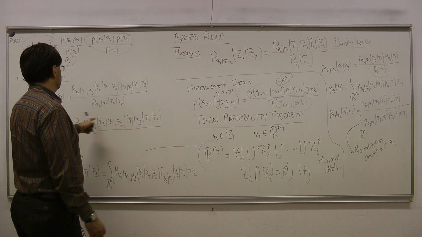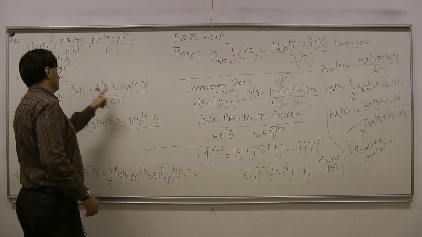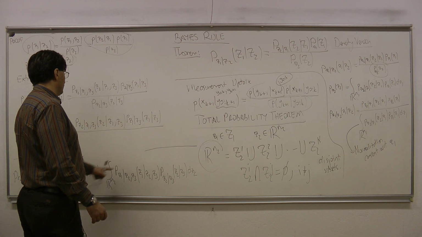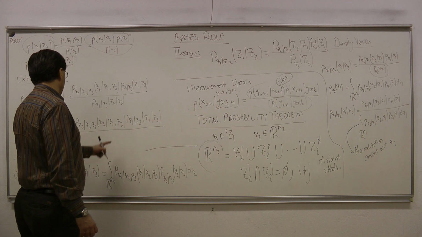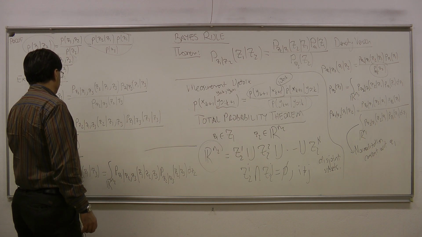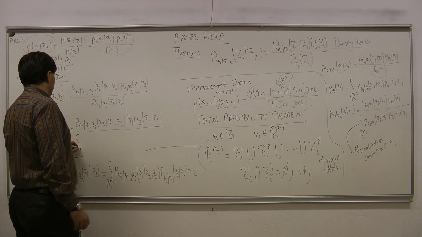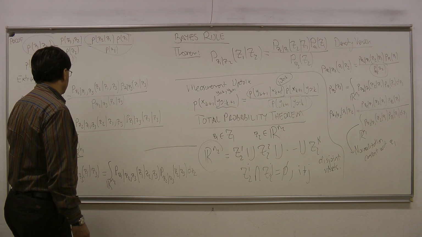So into this denominator, you can apply the total probability theorem with the extra conditioning, okay? And that is going to give you a normalization constant, and the normalization constant is going to be with respect to Z1 here.